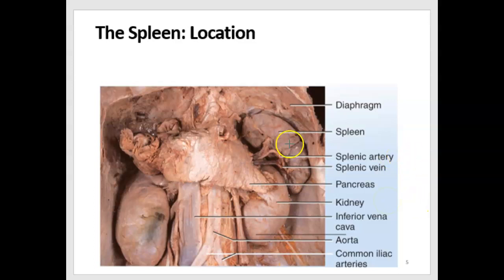Anyhow, back to what we're supposed to be talking about, the spleen. So the spleen is tucked up here near the diaphragm on the left side, and it has a really rich blood supply. We're going to see why that's so important and how it aids its functions.